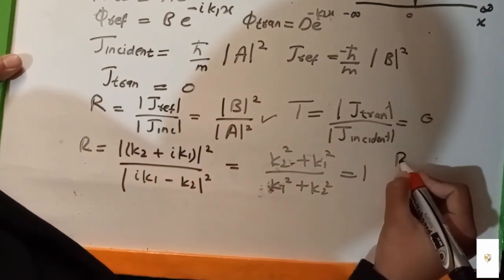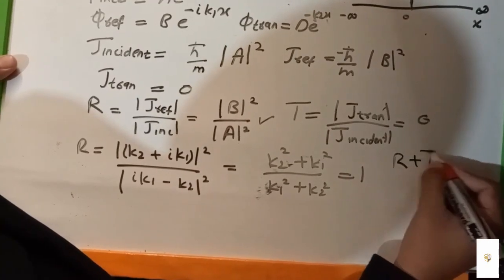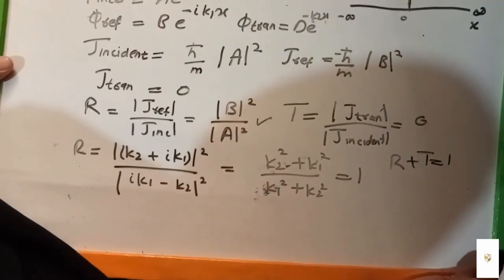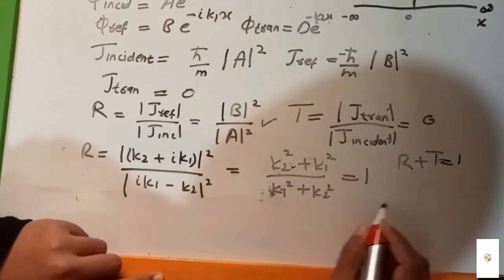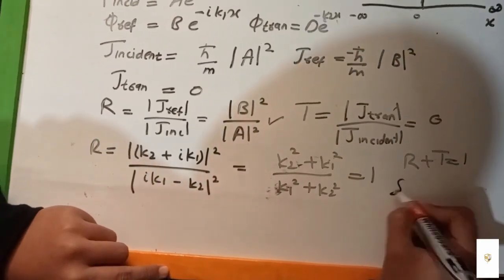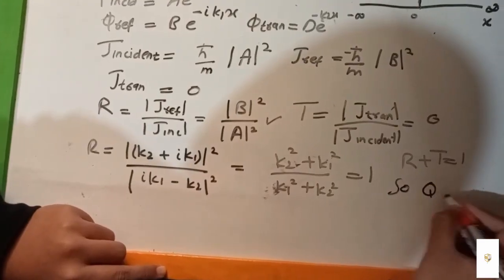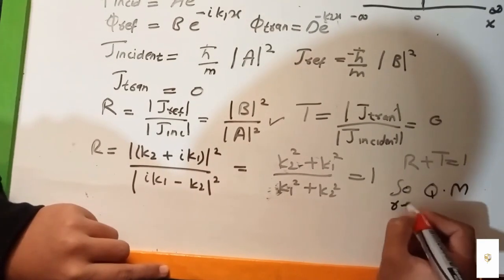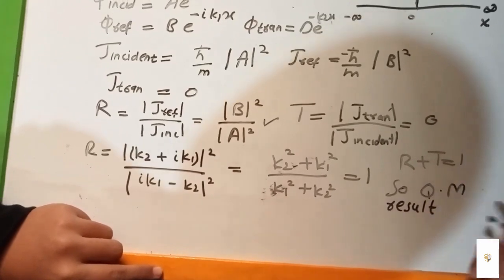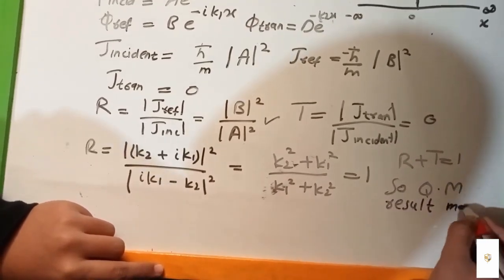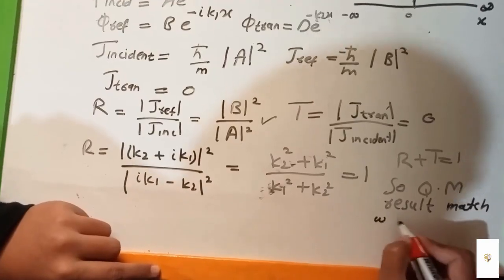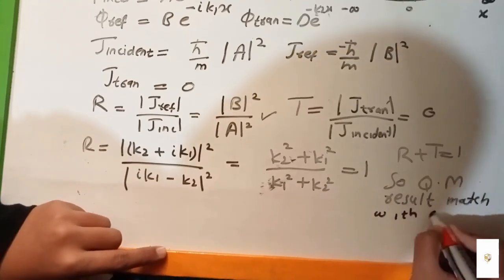Now reflection coefficient plus transmission coefficient is equal to 1. So the quantum mechanics result matches with the classical result.